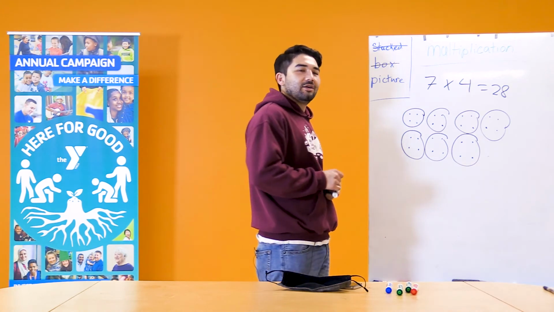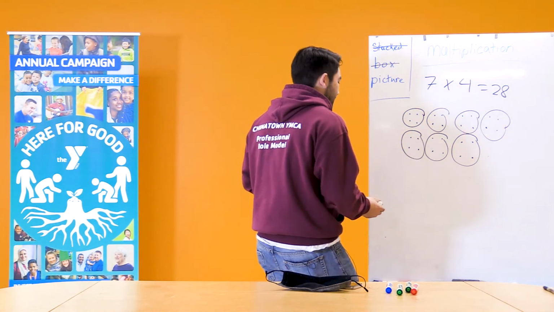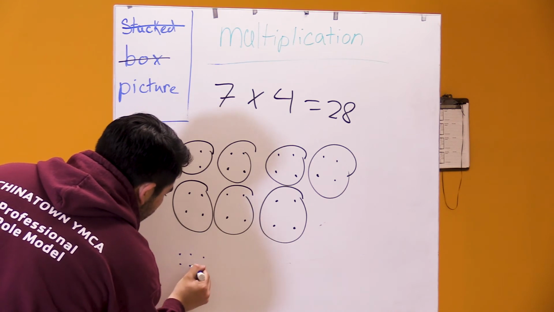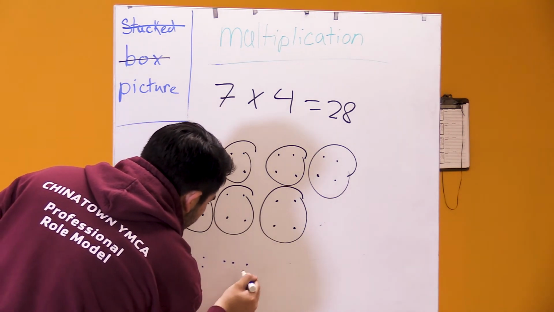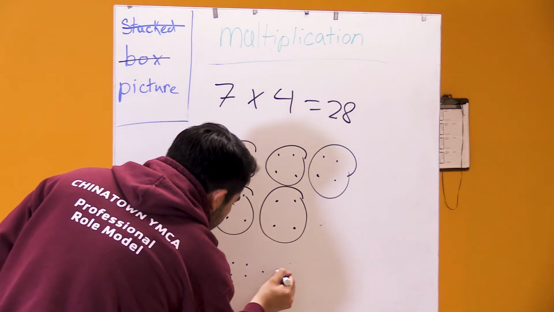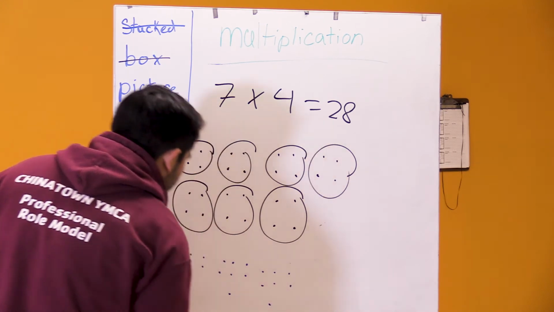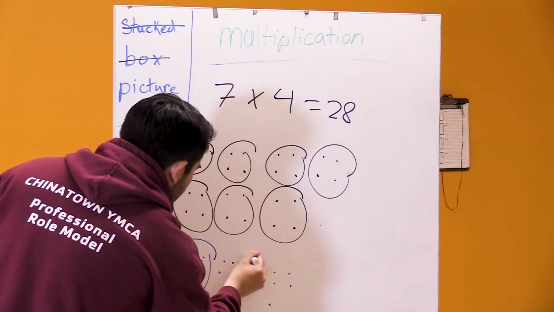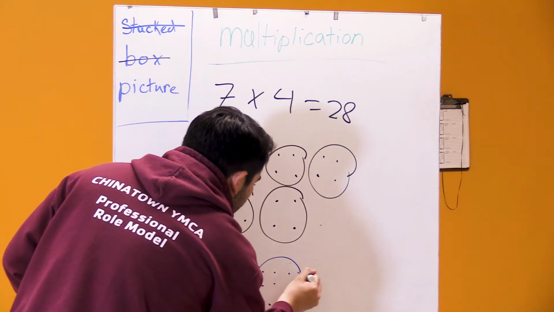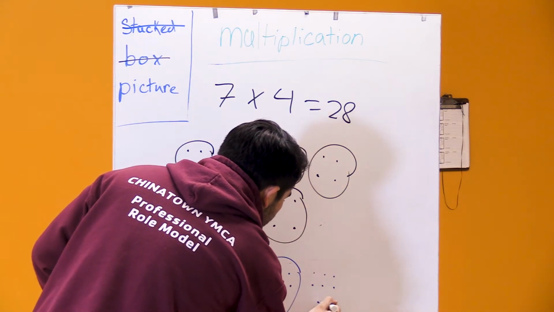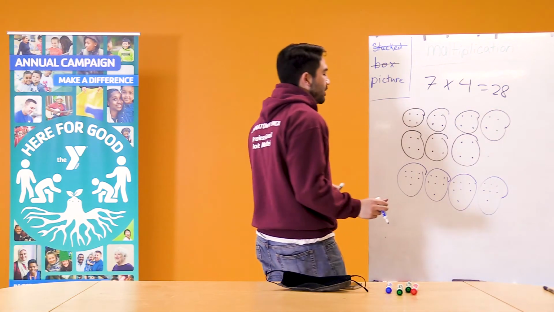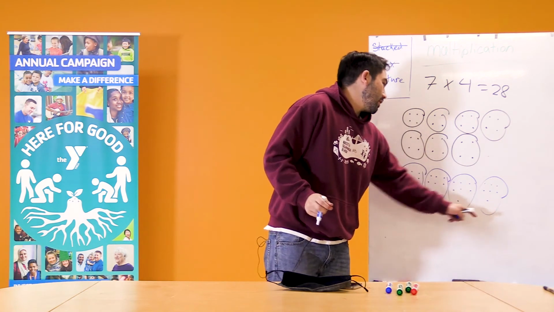Let me go ahead and I'll do 4 groups of 7. 1, 2, 3, 4, 5, 6, 7. So that's only 3 groups. Let me do one more. Okay, here's 4 groups of 7.